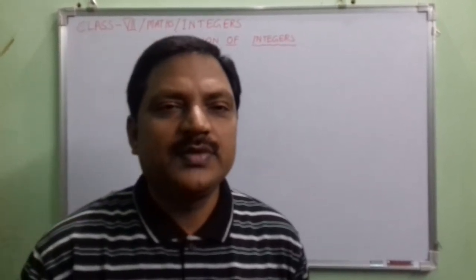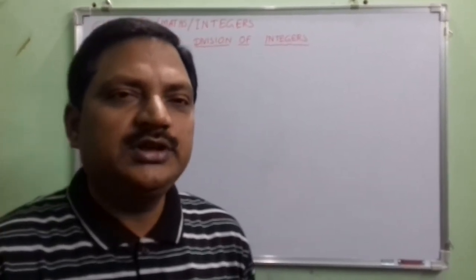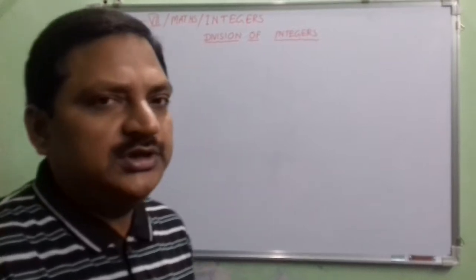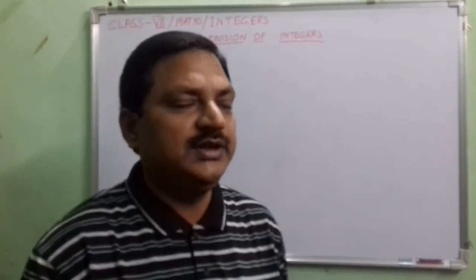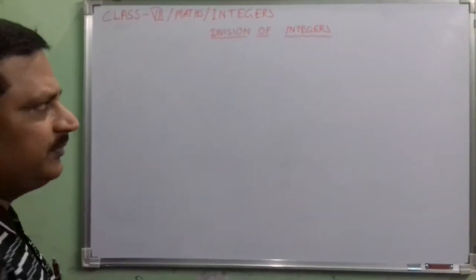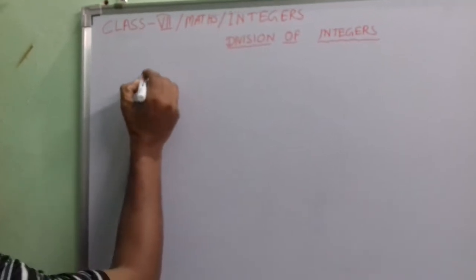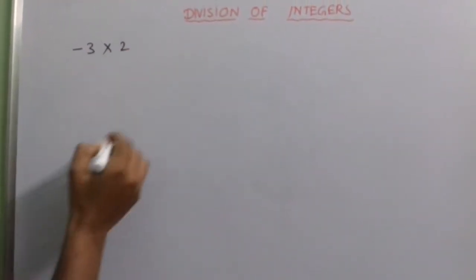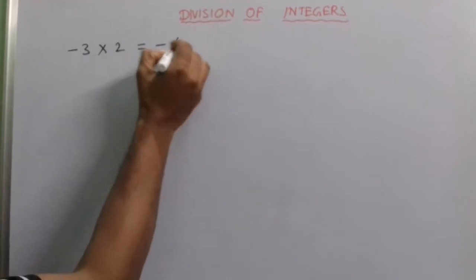Dear students, in this video today we shall learn about how to divide one integer by another integer. You know that division is the reverse process of multiplication, and you know how to multiply one integer by another integer. You know that minus 3 into 2 gives you minus 6.